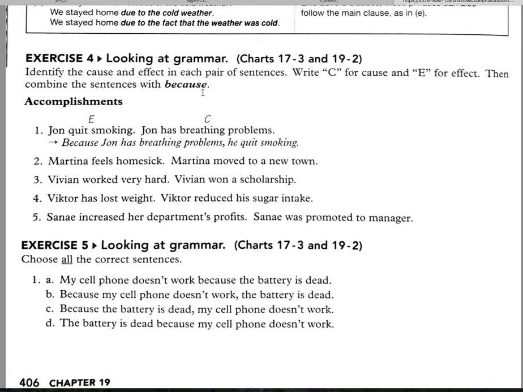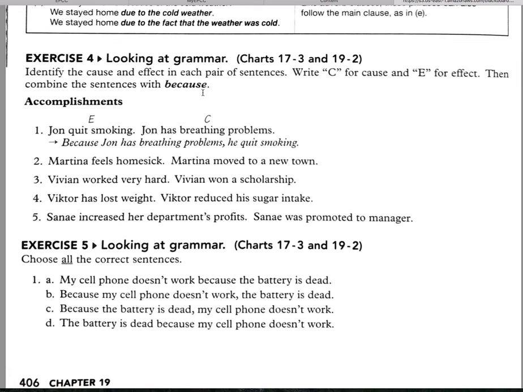John quit smoking. John has breathing problems. So here the cause is John has breathing problems. So what's the effect? John quit smoking, that's the effect. So now you combine the two sentences using because, and you say, because John has breathing problems, comma, he quit smoking.